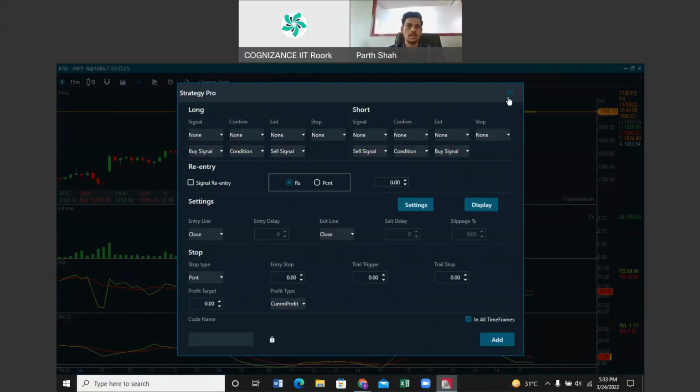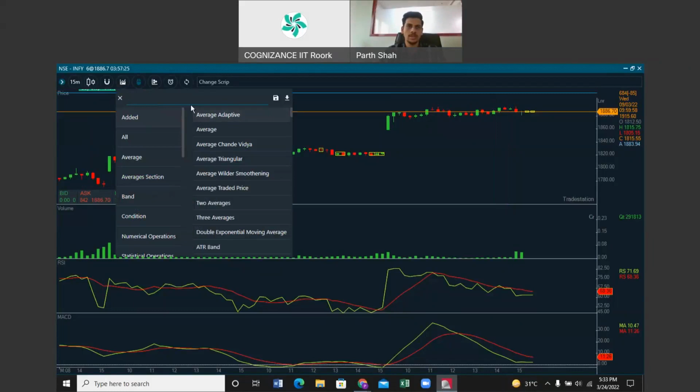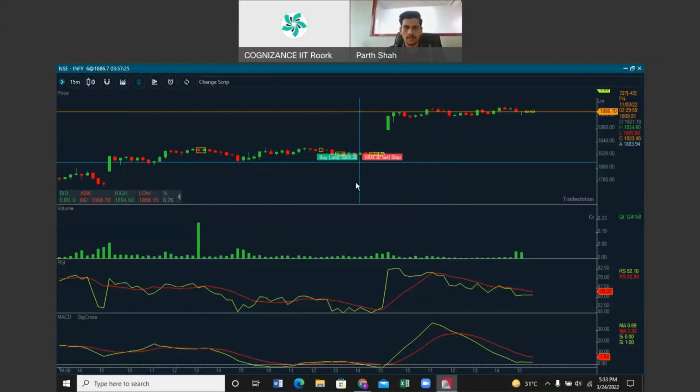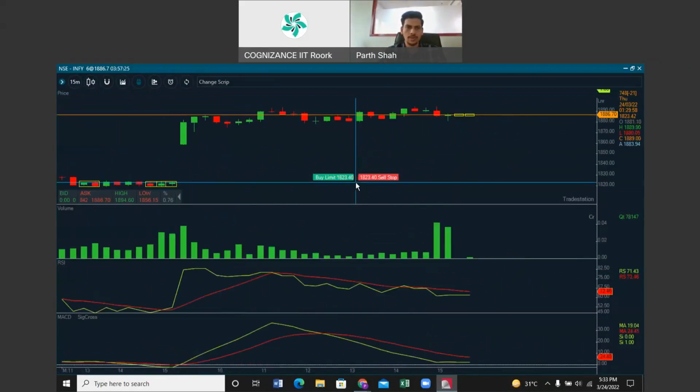So I'll first add the crossover signals on this chart. I want the crossovers on MACD, so I'll get the signal crossover added here.